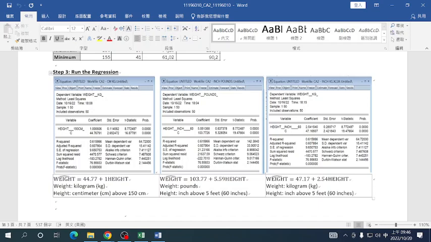Okay? Then this is a very, very important part. We're just talking about the coefficient. Then I would like to also mention standard error. We're going to talk about this in chapter 4.